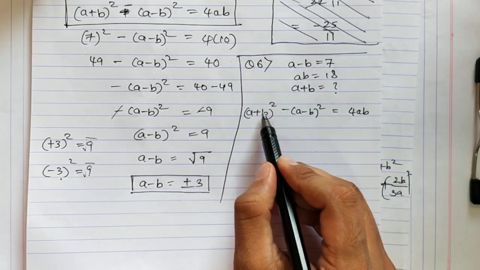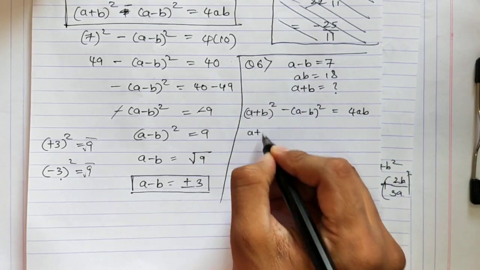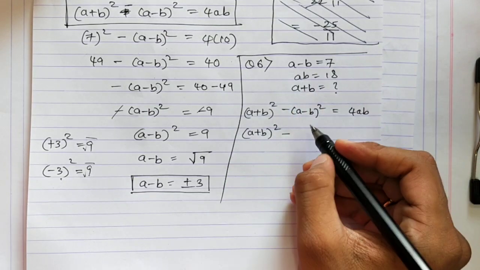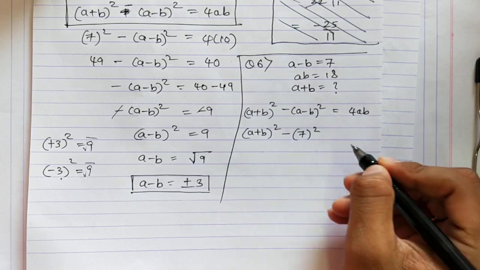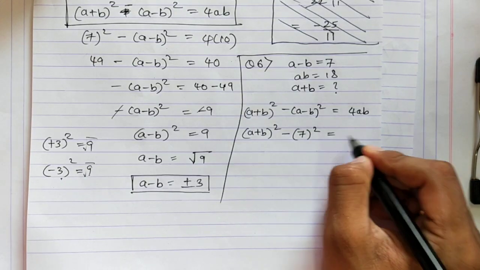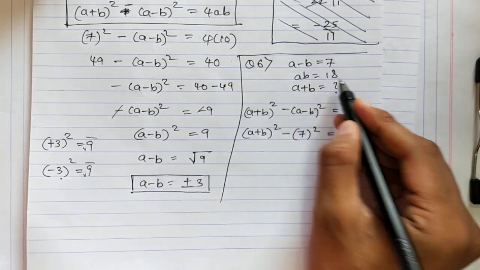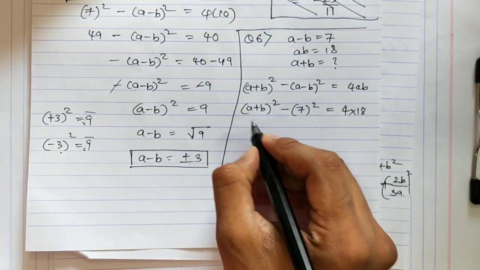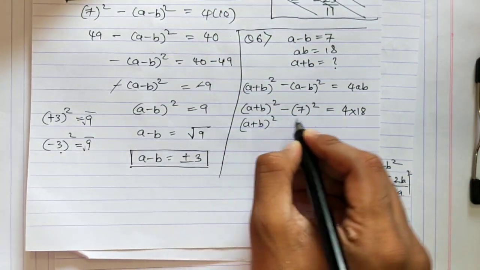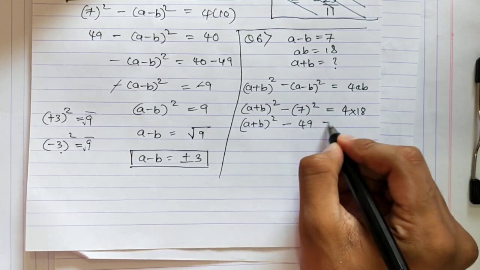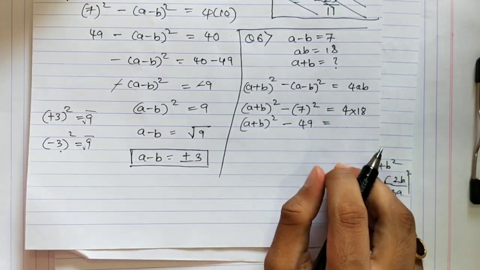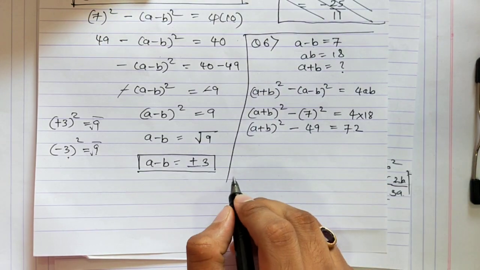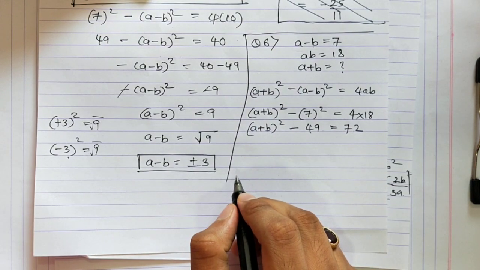A plus b is unknown, a minus b is given in the question as 7. So I'll put 7 here. 7 square equals 4, ab is given as 18, so 4 into 18. So a plus b the whole square minus 49 equals 18 into 4, which is 72.